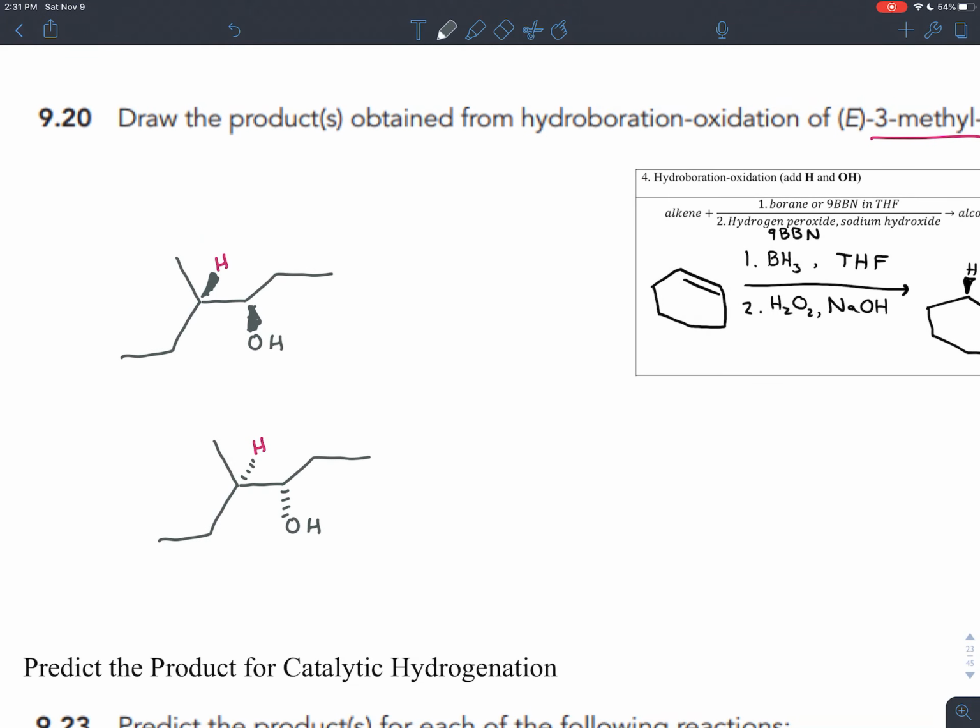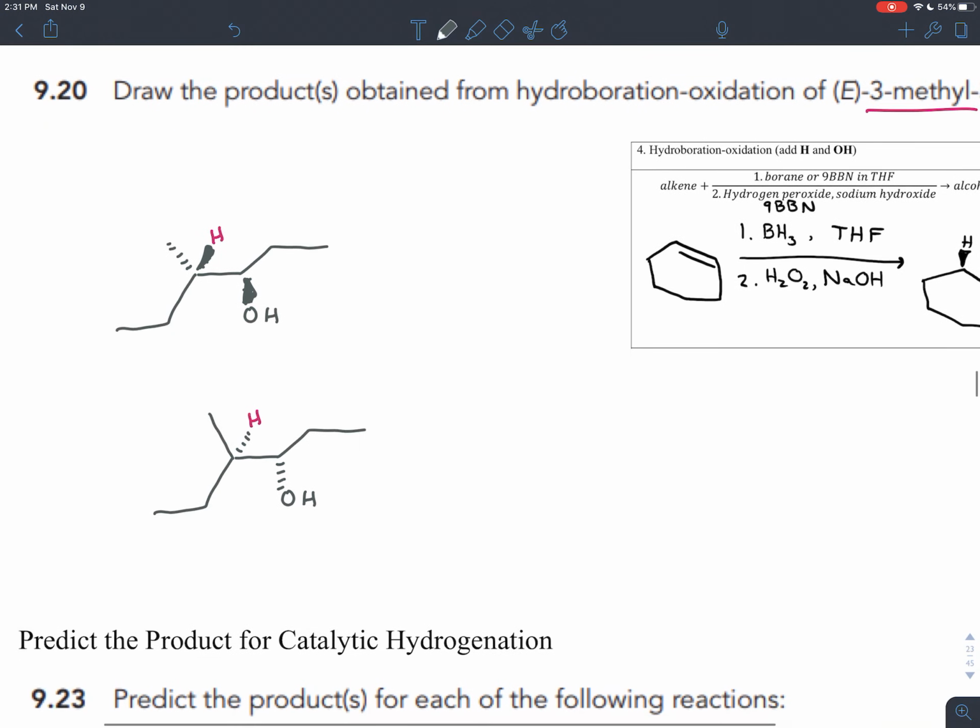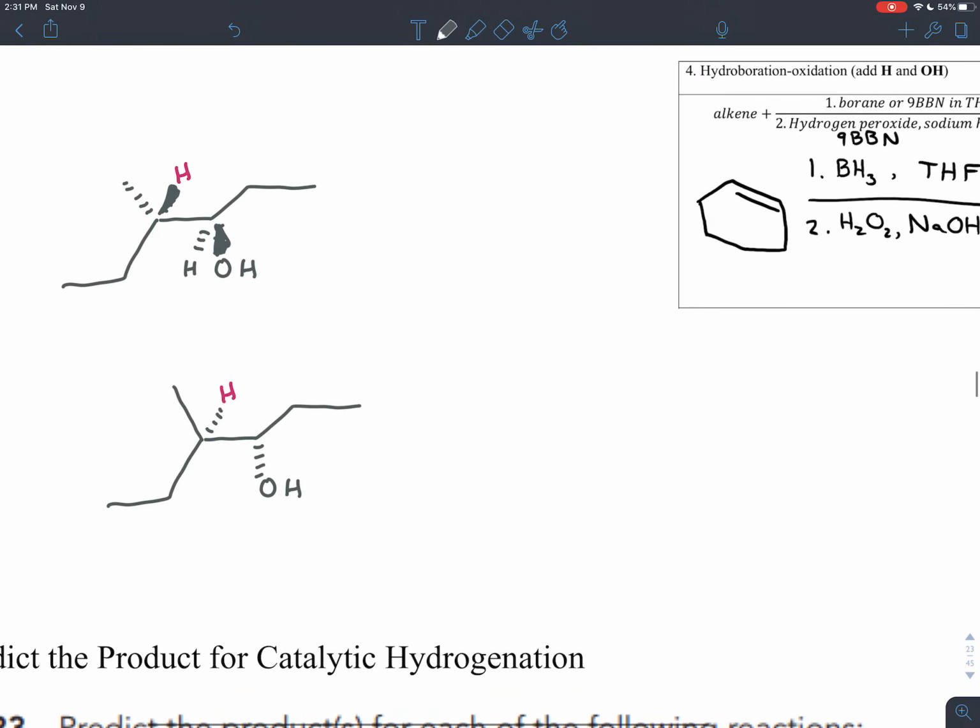You just want to make sure that these bonds are tetrahedral, so these two chiral centers should have two bonds going in the plane, one coming out and one going away. That means that this methyl group needs to be going away, and this ethyl group, or the hydrogen in this other case, is going to be going away.